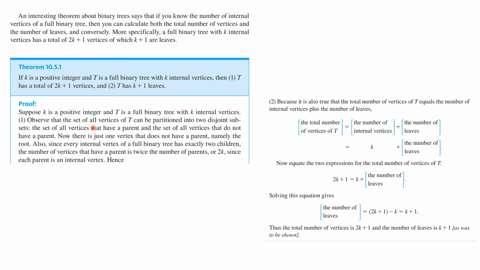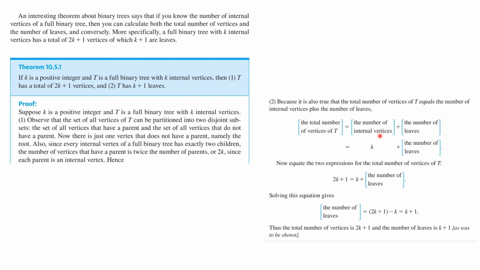Each vertex is either the root or not. Since it's a full binary tree with k internal vertices, they all have to be parents, so each internal vertex has exactly 2 children, and the number of vertices that have a parent is twice the number of parents, or 2k. And then you also have the root, so the total is 2k plus 1. Okay, let's proceed to the next part of this proof.